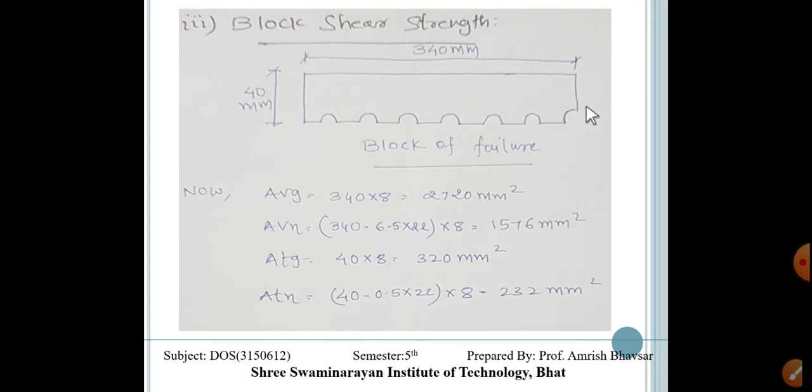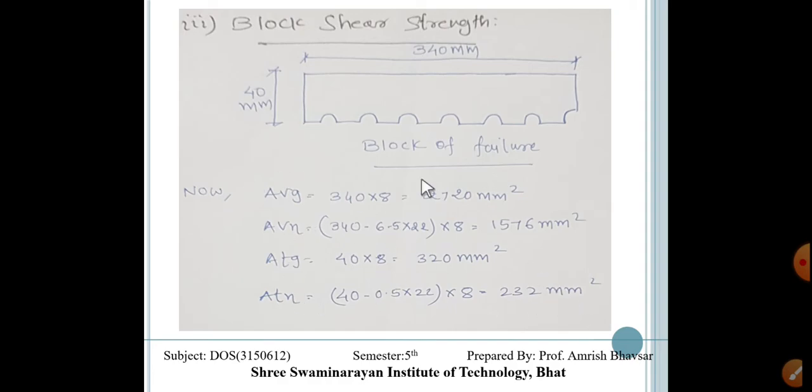Means the total length is 340 and this is one bolt 22, 2, 3, 4, 5, 6 and half of this, so it is 6.5. So we will get 1576 mm square. Now ATG, it is a vertical failure due to tension of gross, that is 40 by 8, and ATN is from the bolt failure. So 40 minus 0.5 into 22 multiplied by 8, that is 232 mm square.